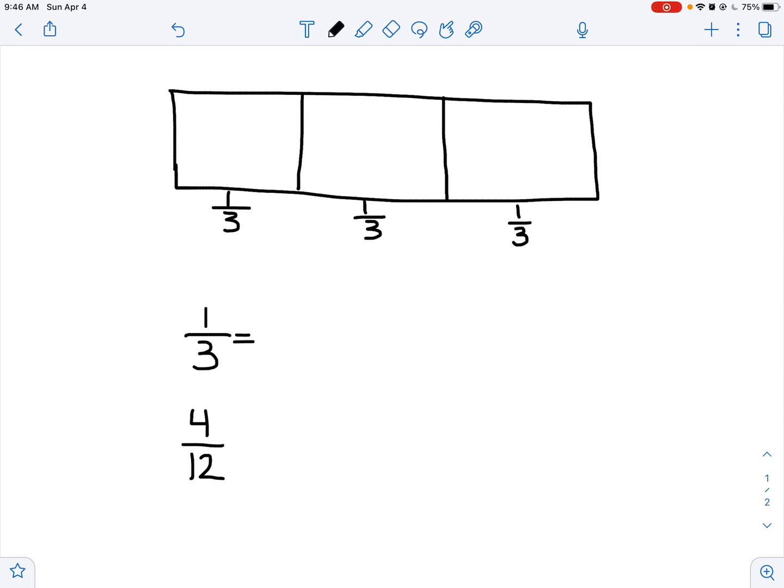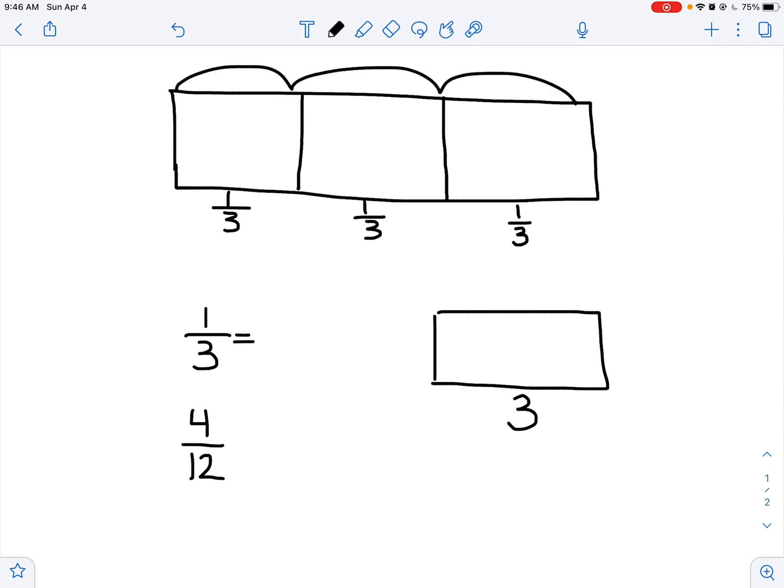So you might say, hey, I could break each of these up this way, right? Going down, and you can. But if we're thinking about an area model, you might want to think about, if you know, I'm going to make a smaller version, this side is 3, right? Because you've got 1, 2, 3. 3 times what makes 12? 4, right?